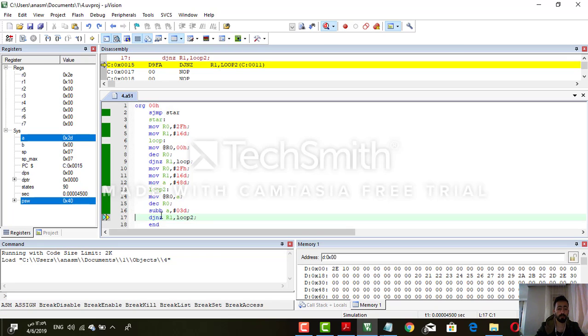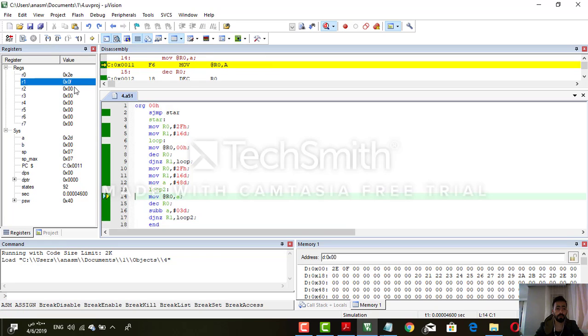And DJNZ R0, R1 is not 0, so it will repeat the loop. So we will move A, which is 2 decimal, to the address which is pointed by R0. Now R0 is 2E, which is here. So it will be 2D after that.